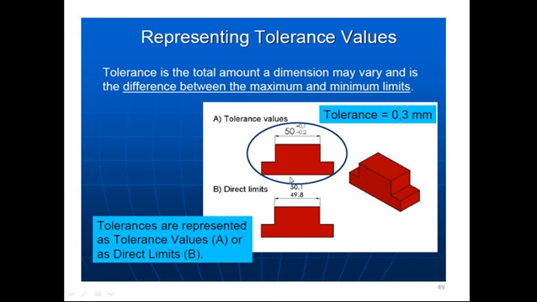These are the allowable limits while we are machining. You can make your part at 49.8 or at 50.1. Within this, if your part falls, the job is acceptable. So like this we require to show the tolerance limit on a drawing.